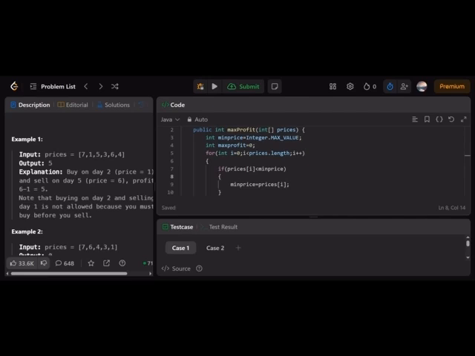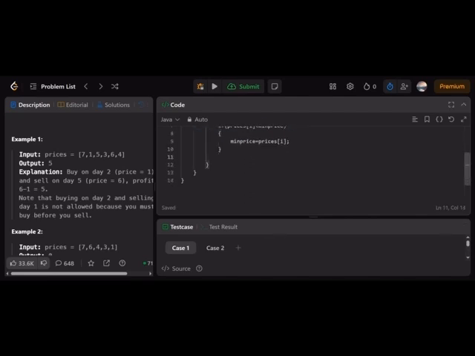Now we will calculate the profit if we sold at the current price. How will we do that? For that, we need to give an else if condition.